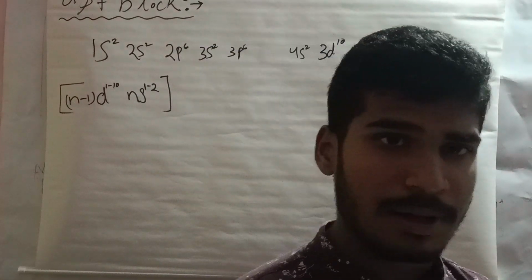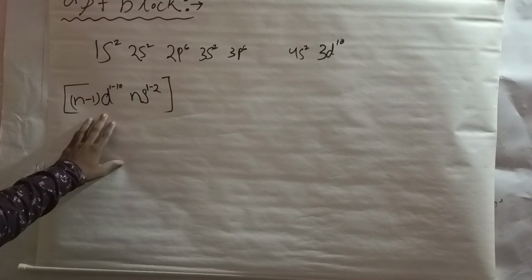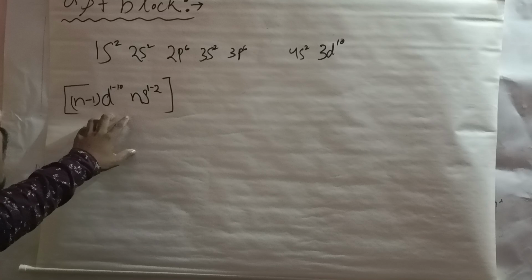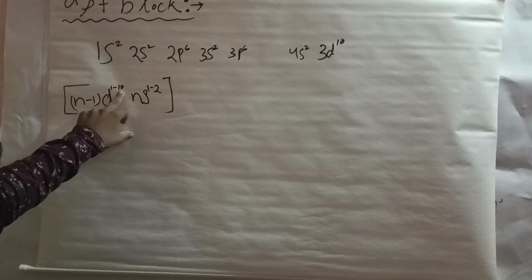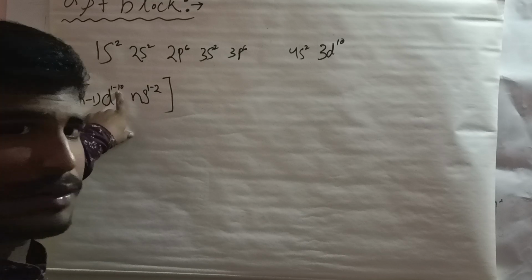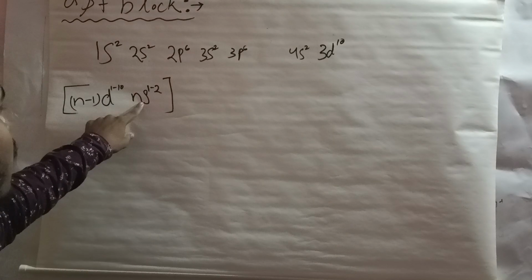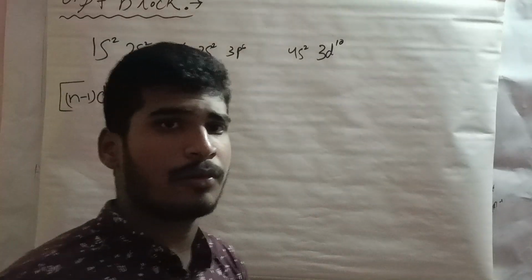Always remember, this is the general electronic configuration of D block elements: (n minus 1) d 1 to 10, ns 1 to 2, depending on the electrons. For example, we can take chromium and copper.